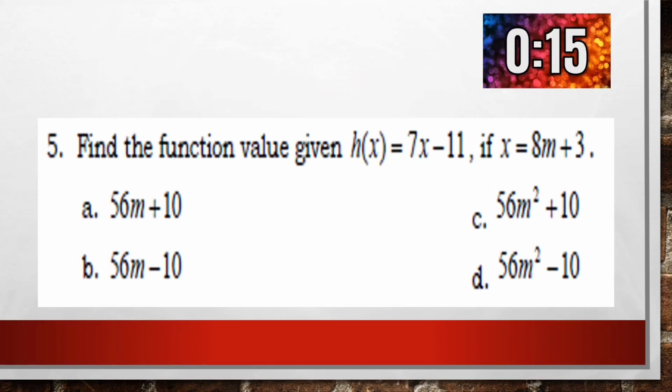For our last question, find the function value given h of x is equal to 7x minus 11 if x is equal to 8m plus 3.